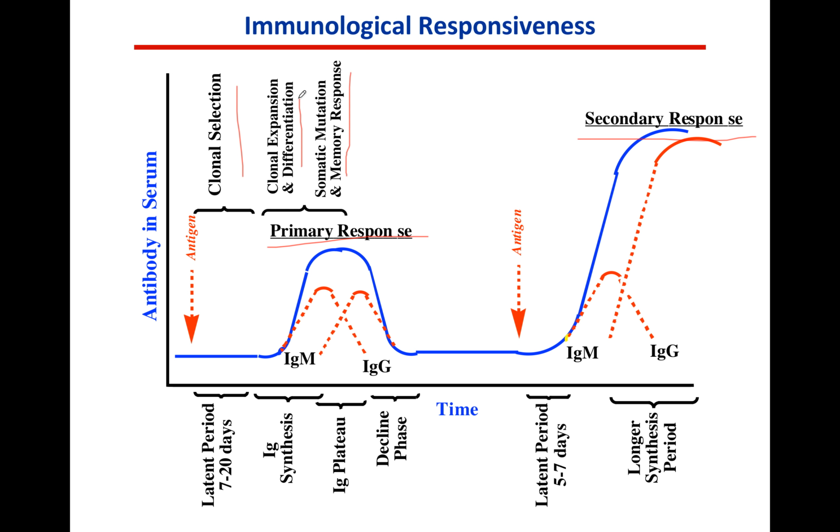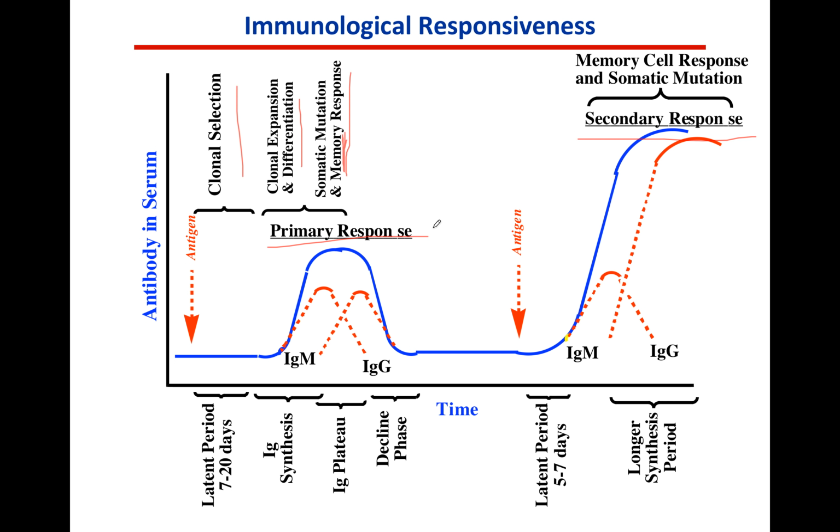They will differentiate into cells called plasma cells, which are going to produce antibody. I'll have more to say about that later. Through this process you also see somatic mutation, and most importantly, a memory response in which memory B cells are produced. These are long-lived. All of this comprises the primary response.